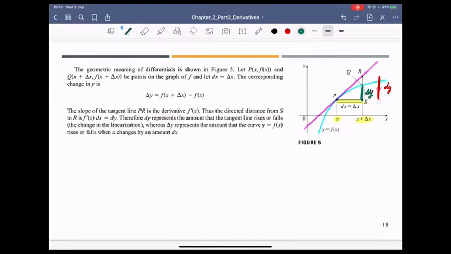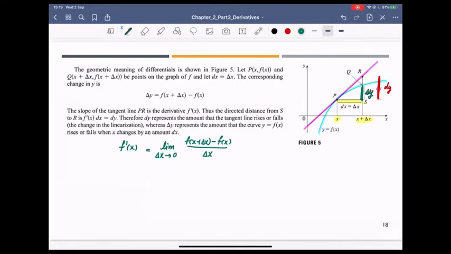So let's look at the definition of the derivative here. We have f prime x equal to the limit of f(x plus h) minus f(x), over h, where h goes to 0. Everyone knows this thing because this is the definition of derivatives. So if I switch my notation from h to delta x, I am going to have f(x plus delta x) minus f(x) over delta x, where delta x goes to 0.